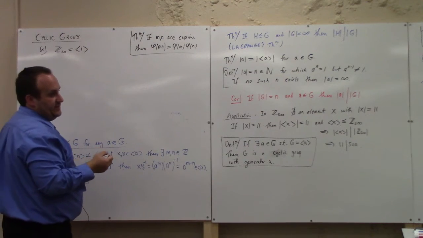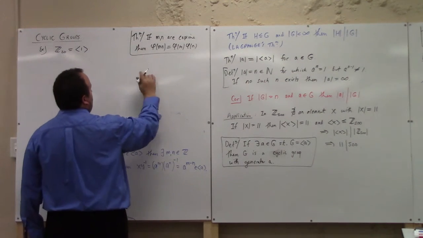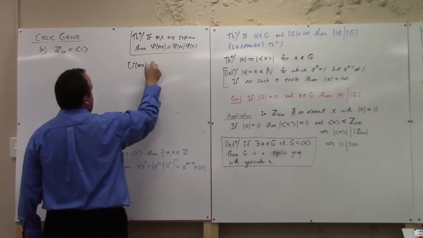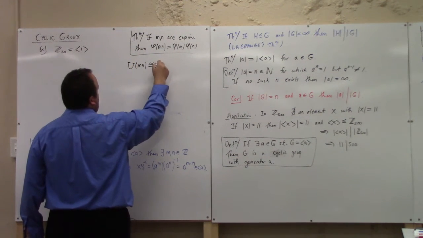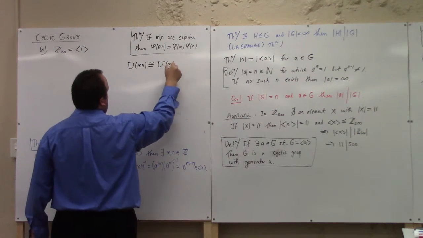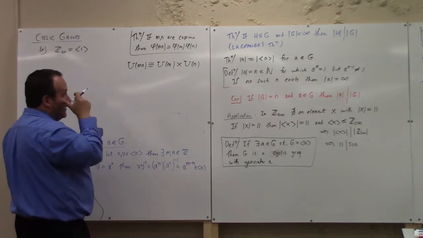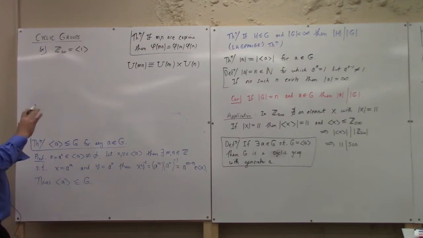The reason that's true is because U of mn is actually isomorphic to U of m Cartesian product with U of n. This is the direct product of groups. So we'll have to get into that next time. We need to talk about isomorphism, and direct product of groups and such.